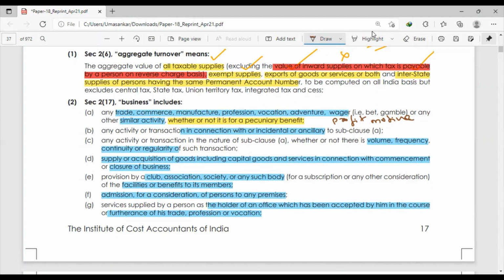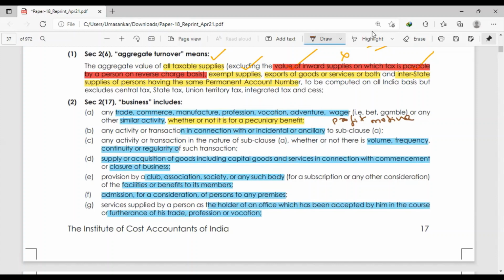I am a mobile shop owner, so it will come under my trade and commerce. But I am selling my old capital goods or old furniture or any scrap. Normally, selling scrap or old furniture is not my business, but the old furniture and scrap are related to the business, that is my mobile shop. So it will also be included.